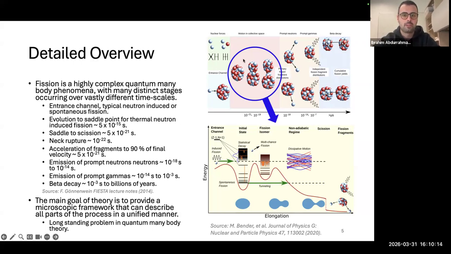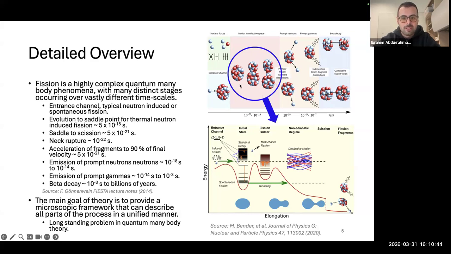But just to briefly explain some of the stages, these are very involved plots, but I'll bring your attention to the top one. You have the entrance channel, typically a neutron absorbed by some nucleus. It'll start to deform and split into two fragments. Those fragments will emit neutrons first, emit gammas, and then much later, they'll beta decay.